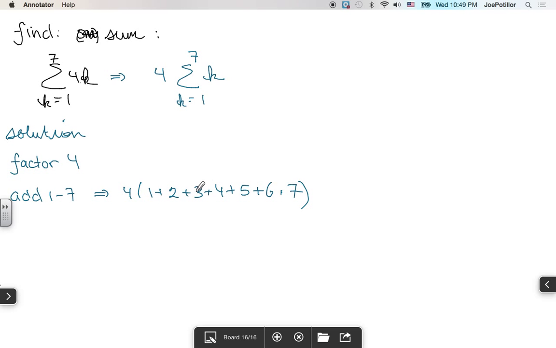So 3 plus 7 is 10, 6 plus 4 is 10, that's 20, 25, 27, 28. And what's 4 times 28? That's 4 times 8 is 32, write 2, carry the 3, so that's 112. All right, easy enough.